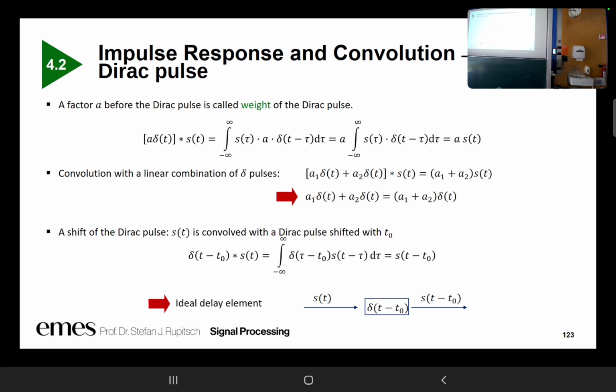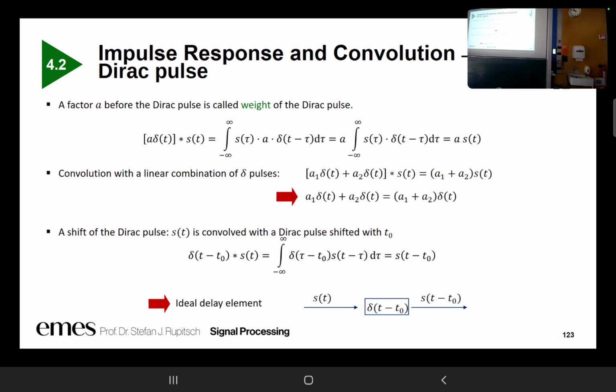At my chair, we can measure up to 24 gigahertz, and with all devices, we can go to higher frequencies by means of wave converters. But the generation of very short pulses is really complicated, and it will remain complicated in the next 20, 30, 40 years.